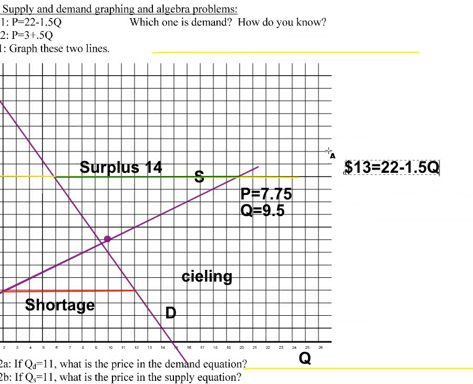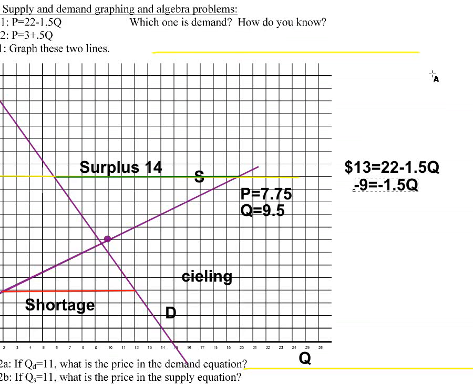And let me move that over so we can see here. Then if we solve this for Q, subtract 22 from both sides, we'll end up with negative 9 equals negative 1.5Q.